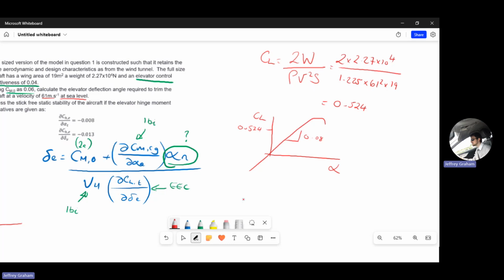This was what we calculated at the very start, the very first thing we calculated in part 1. You know those two, so you can do y equals mx plus c if you wish, or you can use the relationship. If you know those two, you should be able to get that point, which mathematically tells you the trim angle is CL over the lift curve slope, or 0.524 over 0.08.